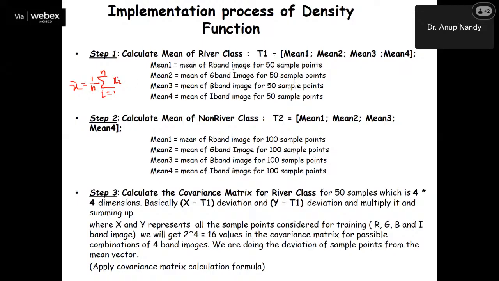Now what is the value of n here? Here n is 50. So you have to calculate x bar is equal to 1 by 50 into x1 plus x2 and so on. These are the intensity values that you can calculate, so that is the mean of these river images. Okay, so you can get the first mean.